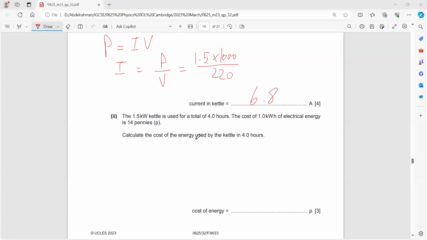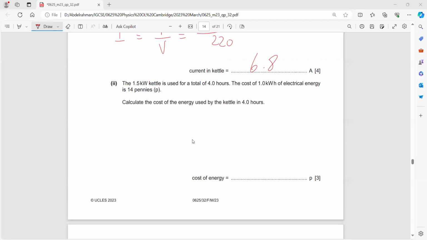The 1.5 kilowatt kettle is used for a total of 4 hours. The cost of 1 kilowatt hour of electrical energy is 14 pennies. Calculate the total cost of the kettle in 4 hours. Cross multiplication, maybe. Okay, one at a time. Do you have an answer?